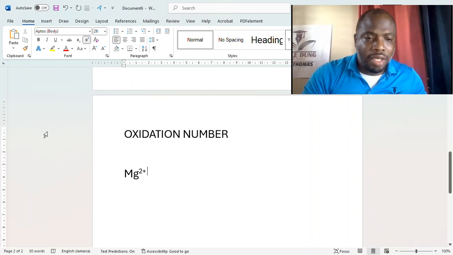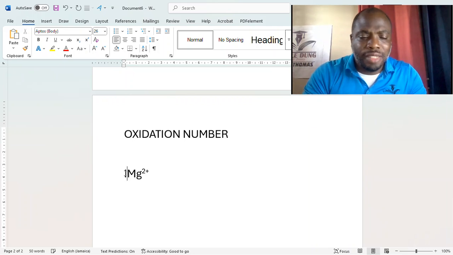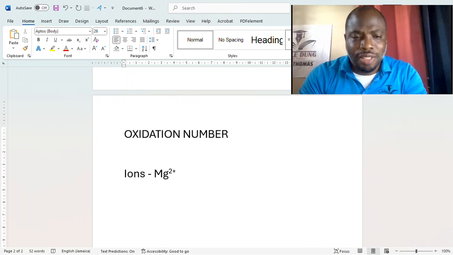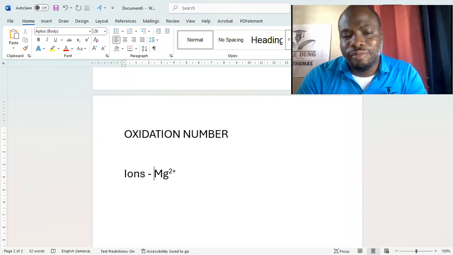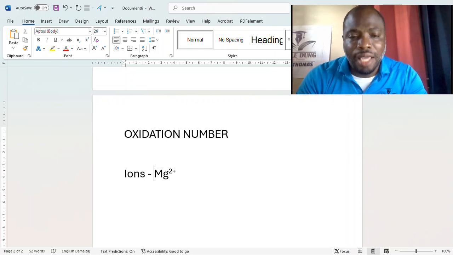And even sometimes as teachers, we make the mistake where we say, you know, magnesium plus 2, and we are talking about the ion. But it shouldn't be done like that. So when you look at the ions, we should be speaking about the magnitude, and then the charge. So 2 plus.